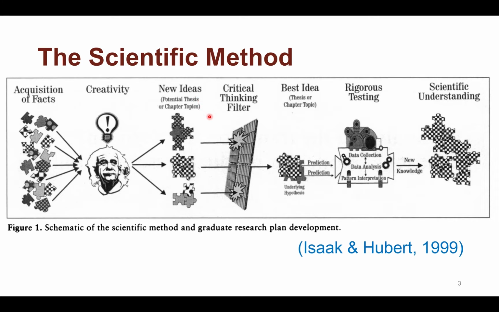You put those ideas through a critical thinking filter, basically through peers or yourself or your professors, to tell you, look, these ideas aren't as good, go with this great idea that will then be the basis for your thesis project. You use that idea to come up with hypotheses that you then base a study off of. So you collect data, you analyze data, you interpret patterns, and those findings contribute new knowledge to scientific understanding. So that's just one example.